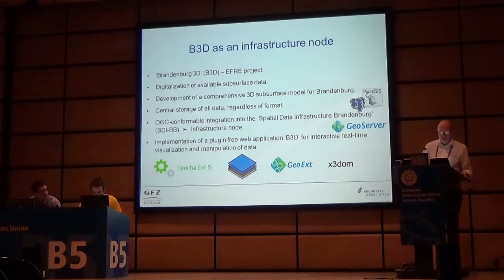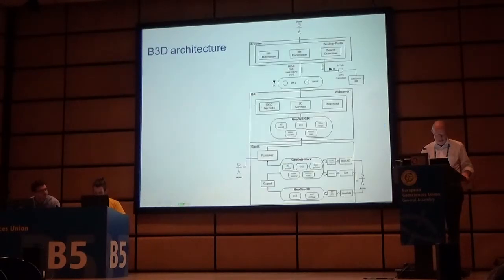What was very important for this infrastructure node was that the implementation built on open source software and that the visualization of geological structures should be realized in the browser. Okay, that is a picture of the architecture. I won't go into details.